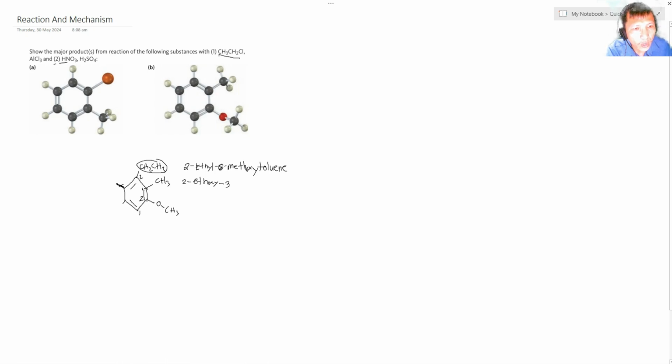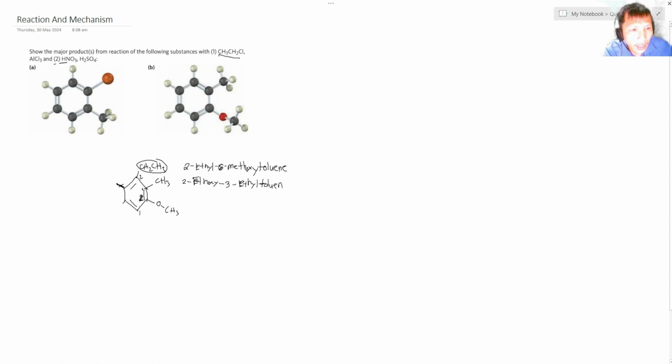Since both of them are number 2, we choose now the third rule, which is the alphabetical order. We choose number 2 here since branching is more important than the letters. So that would be 2-ethoxy-3-ethyltoluene.